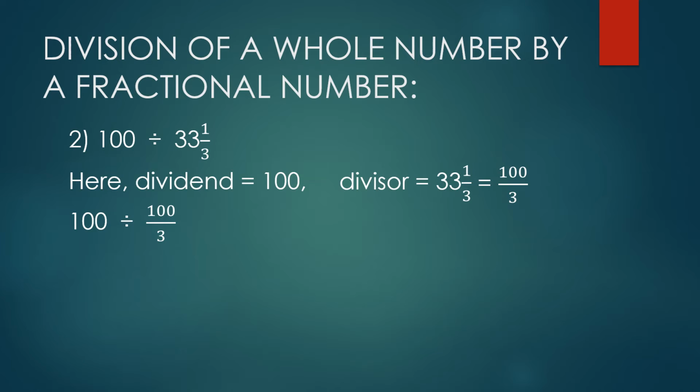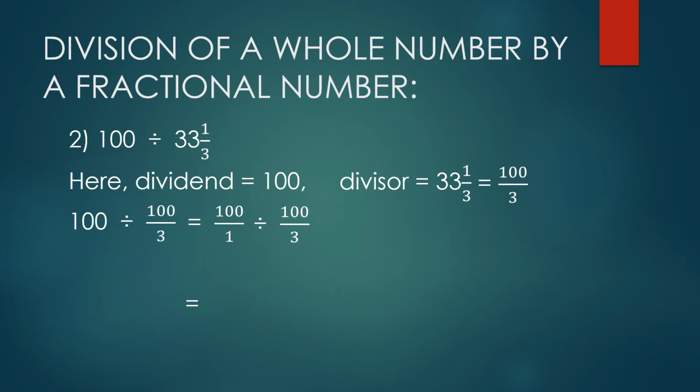See, in this question 100 is a whole number and 100 upon 3 is a fractional number. Rewrite the whole number 100 as a fractional number 100 upon 1 because any number divided by 1 is equal to the number itself. Then write the division sign as it is and then write down 100 upon 3.